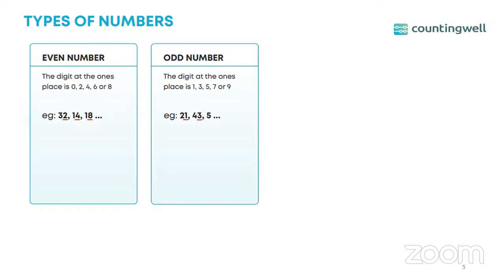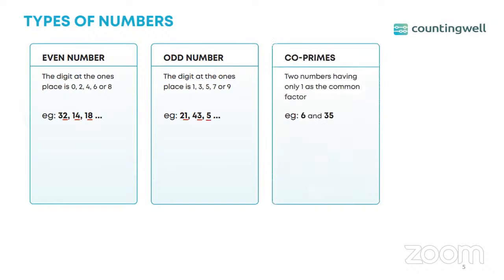For 43, the digit at the ones place is 3. 5 is a one-digit number. So this is an odd number. Let us see what are co-primes. Two numbers having only one as a common factor are called co-primes. For example, 6 and 35.